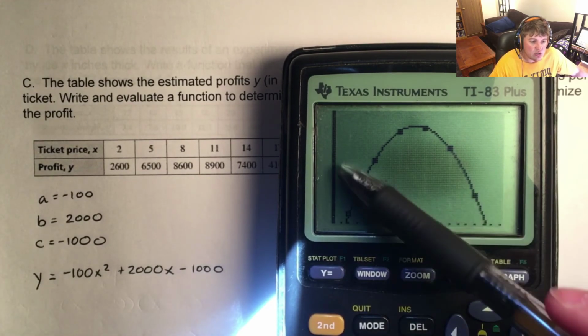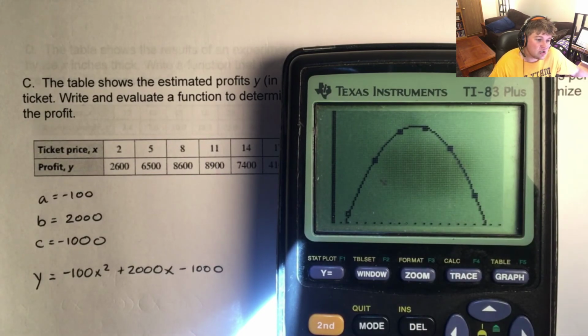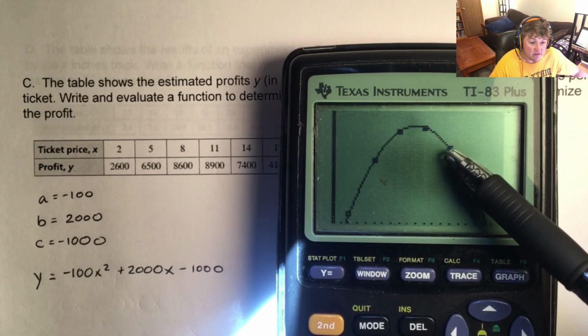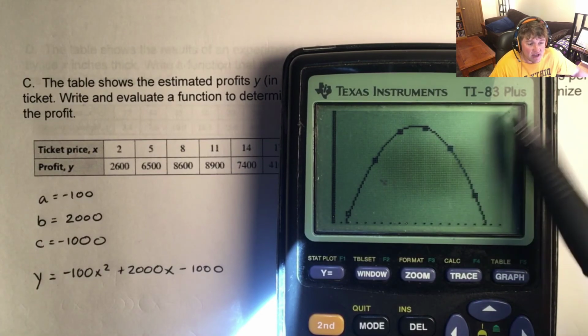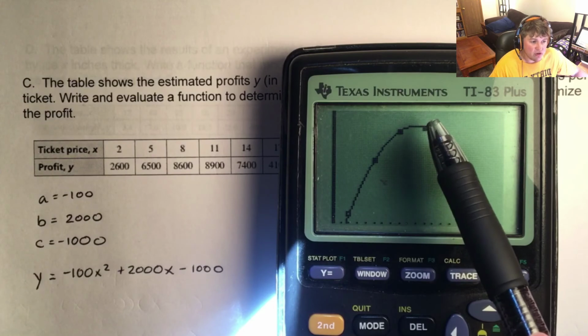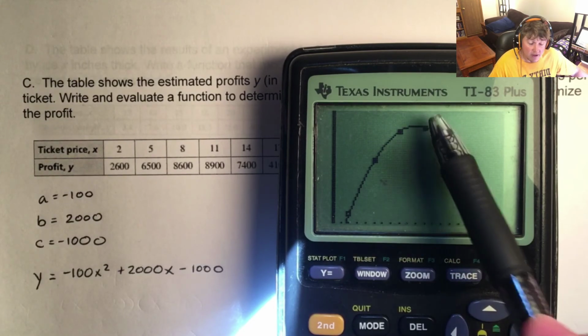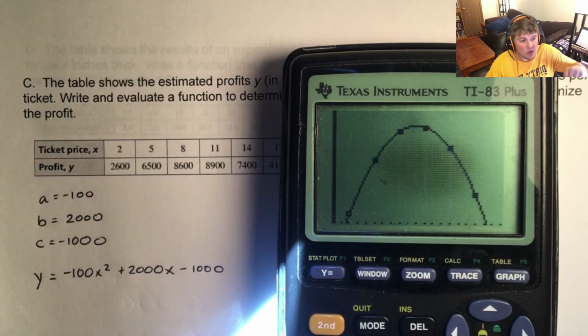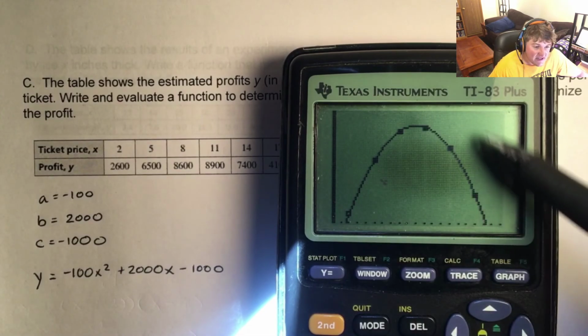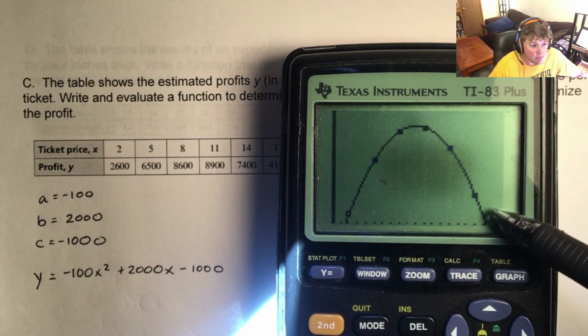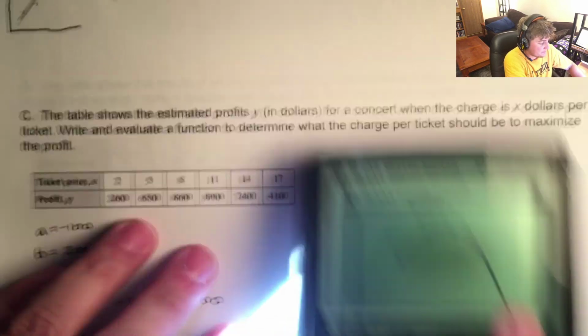So there's a certain point where ticket costs are so high that fewer people start coming, and you're going to break even, and you're not going to have as much profit, as opposed to that breaking point, which is our vertex, our maximum. This is the point where people are comfortable coming in, and we're going to cut the most profit on it. And that's why profits and ticket prices may form a curve such as this.